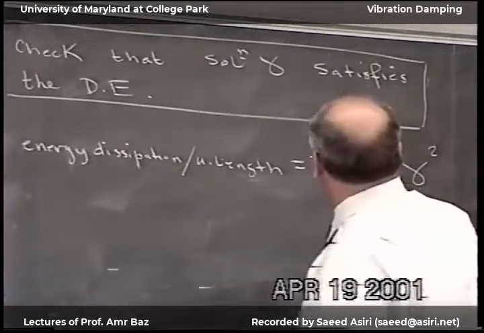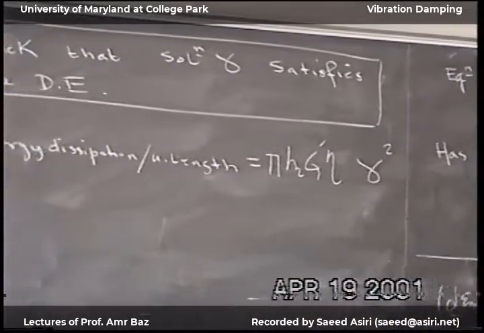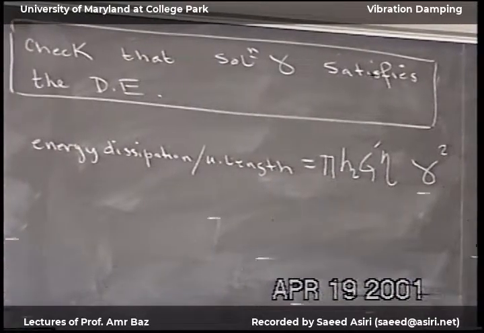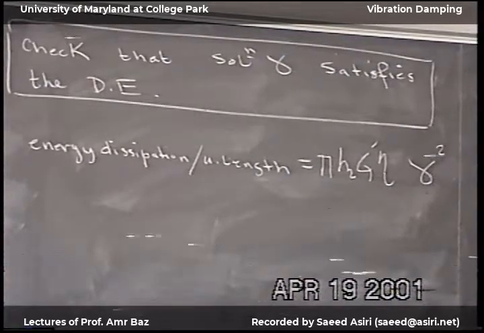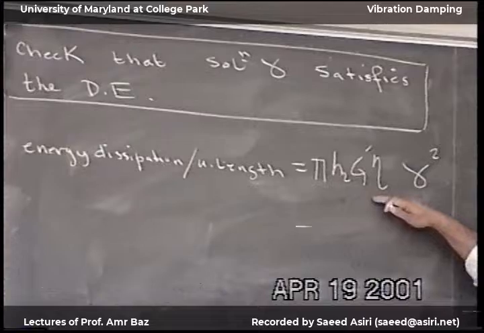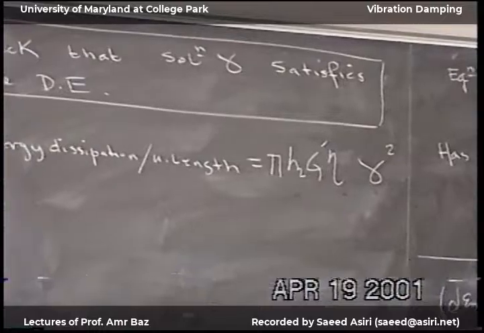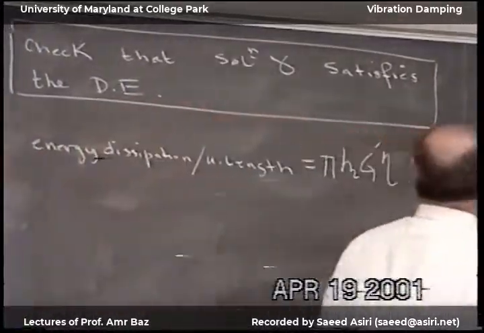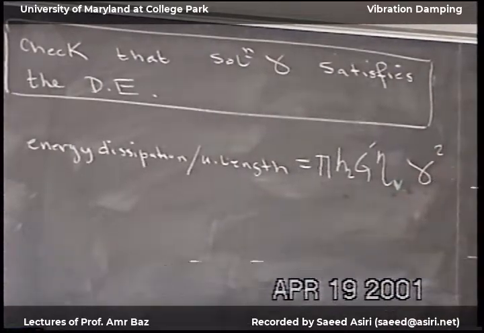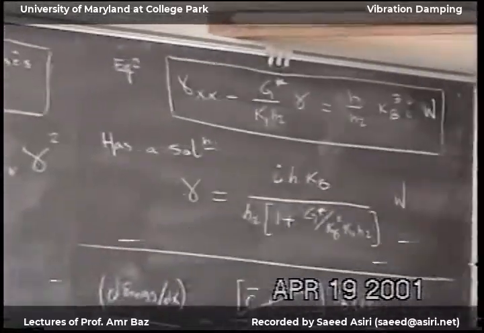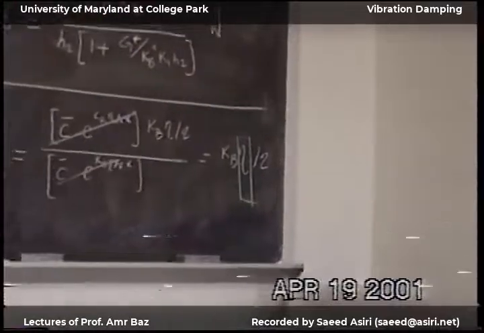So now we have the gamma expression, and this is eta of the viscoelastic material. And the eta that we're looking for is of the entire assembly.